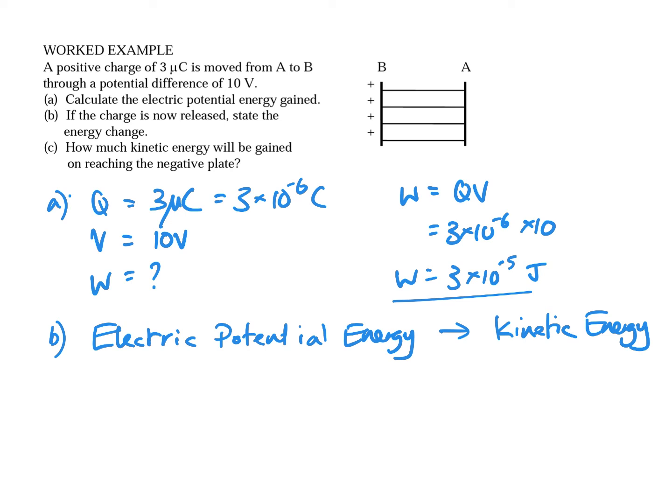How much kinetic energy will be gained on reaching the negative plate? Well, it's just going to be the same. The work done that you put into the system in dragging it towards the positive plate is going to be converted back into the kinetic energy. So the kinetic energy will also be 3 times 10 to the minus 5 joules.